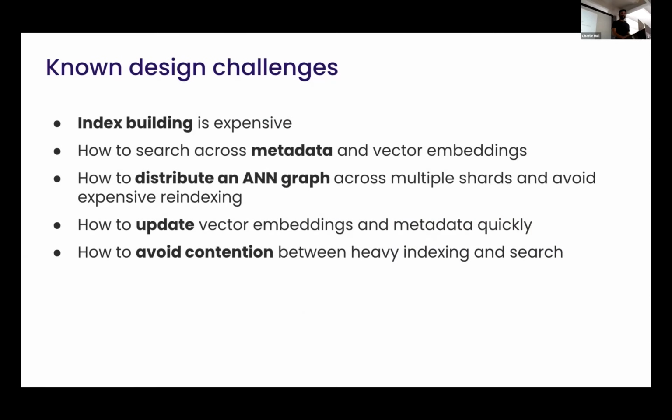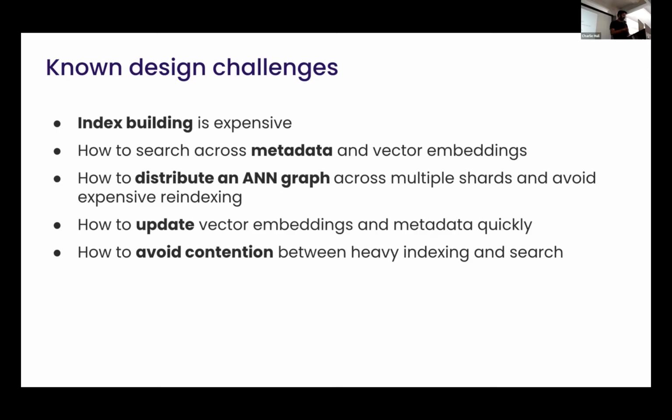Some known design challenges in trying to solve this are that index building is usually expensive. Even after you have the vectors, filtering down vectors which are close to a particular query vector is a hard algorithmic problem. The difficulty, which we'll get to in the next slide, is because of the high dimensional space that you have to query in.